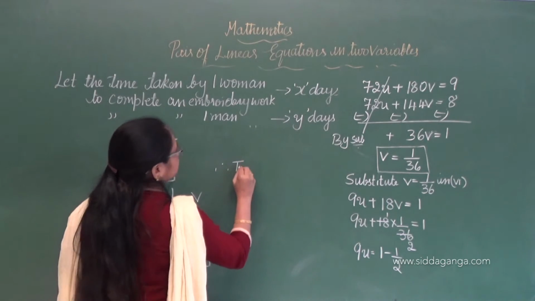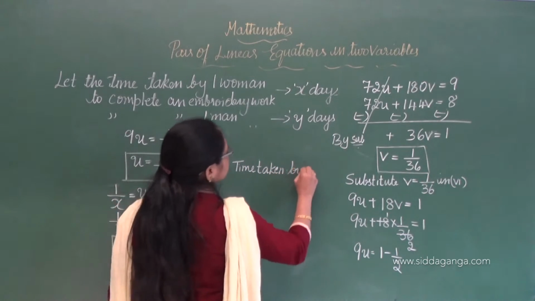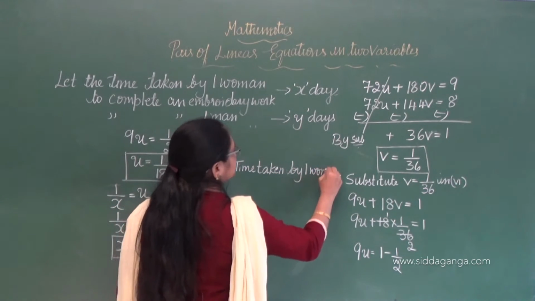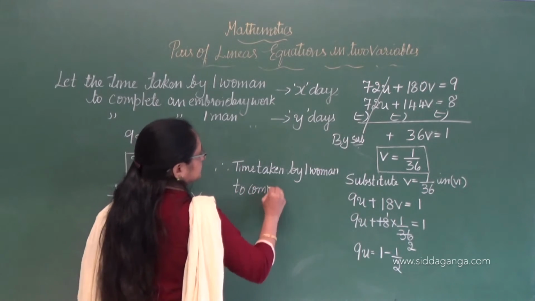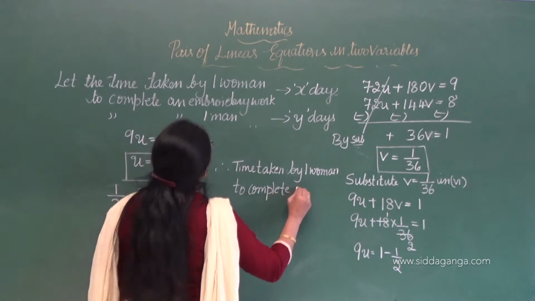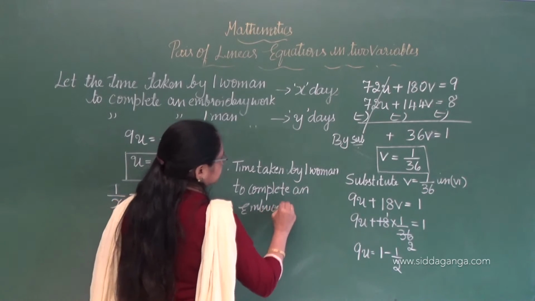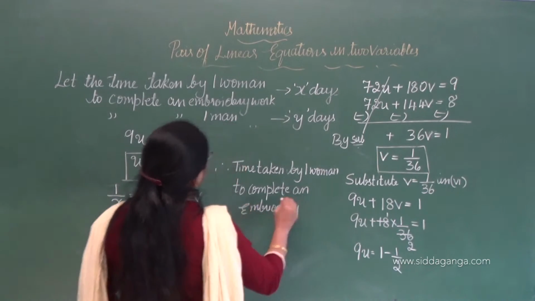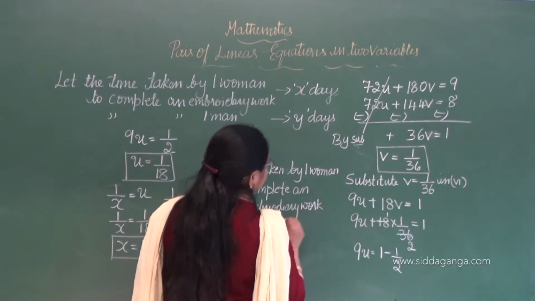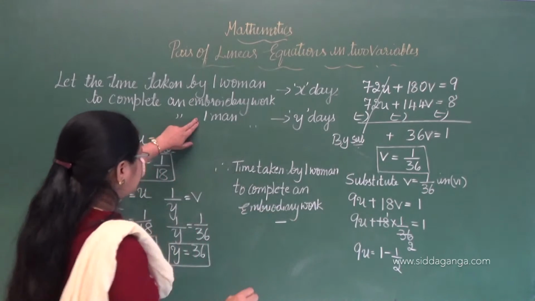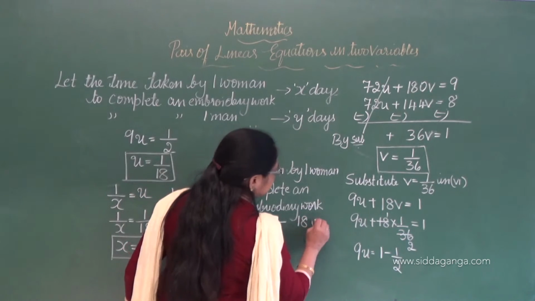Therefore, the time taken by one woman to finish the embroidery work is 18 days.